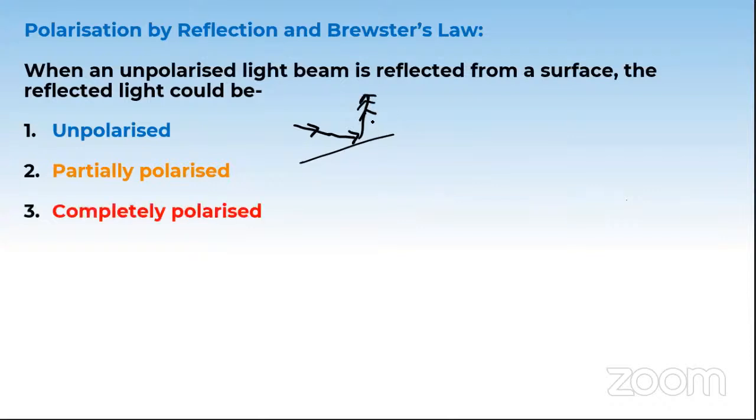It depends on the medium, and on the angle of reflection and refraction. Am I clear? When an unpolarized light is incident on or reflected from a surface, the reflected light can have three different situations. The outgoing light wave can be unpolarized, partially polarized, or completely polarized.